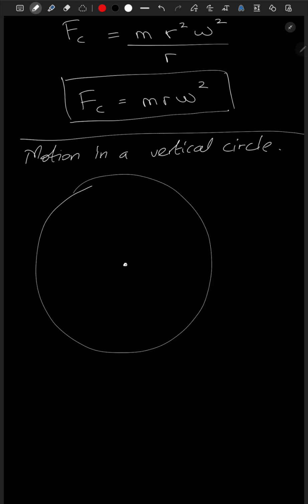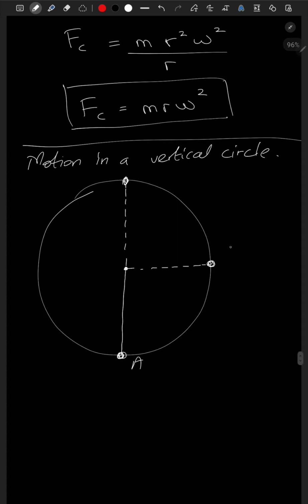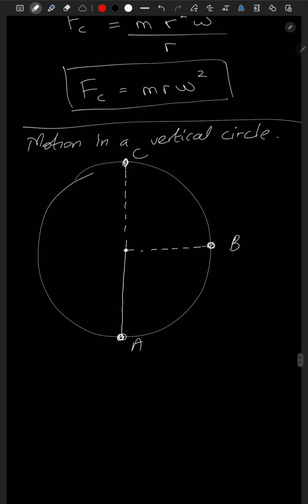So this is the center of the circle, and we have attached a string to a mass. And the mass is traveling in the circle. So at some point it would be here, and at some point it would be here at the top. So let's see only 3 positions of the motion. Let's see position A, B, and C.